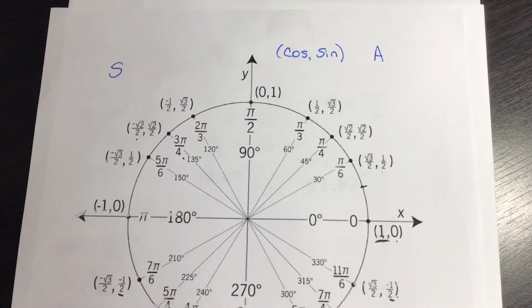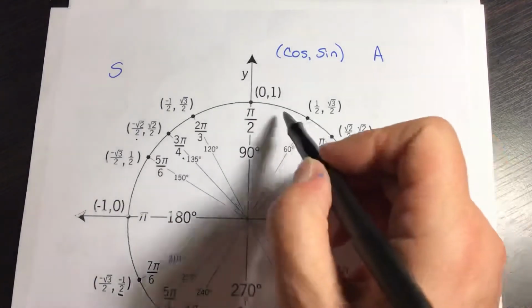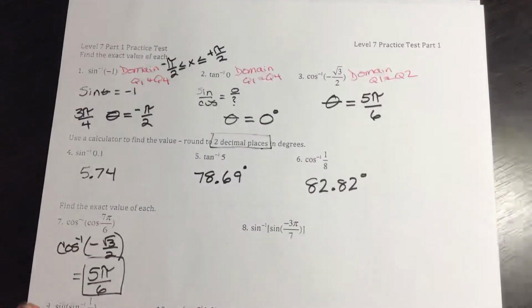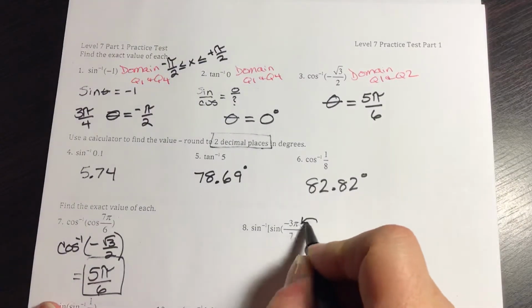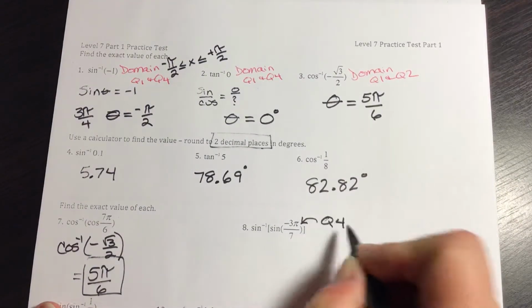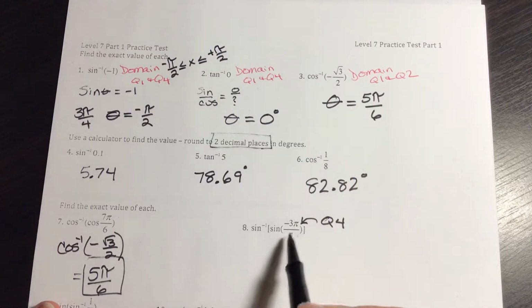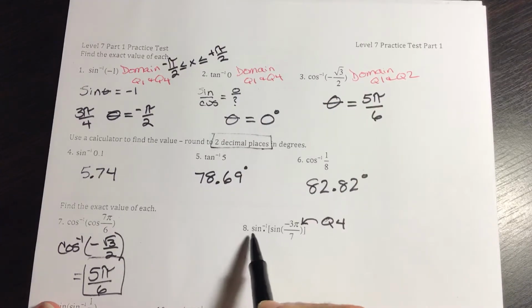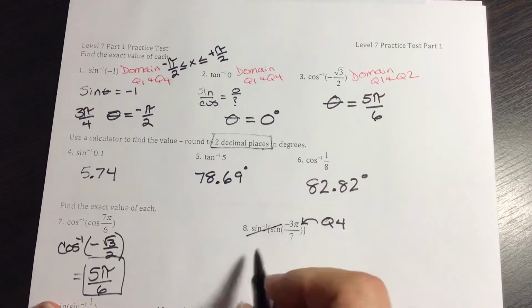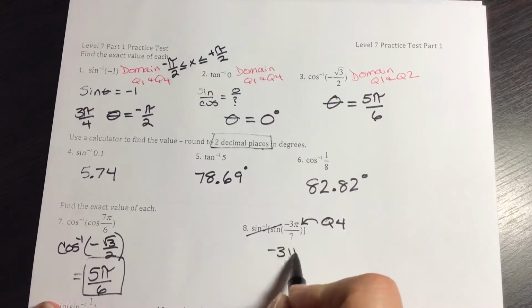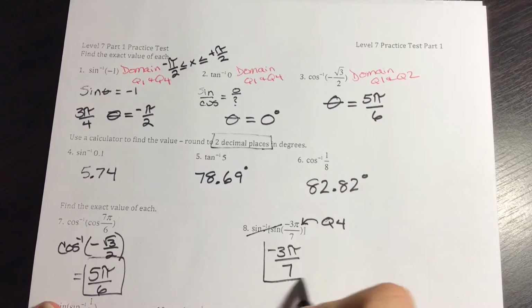But it's in this quadrant, which is in the domain. So this angle actually is in quadrant 4. And because it's in the domain of the inverse, I can cancel these, and negative 3 pi over 7 is my solution.